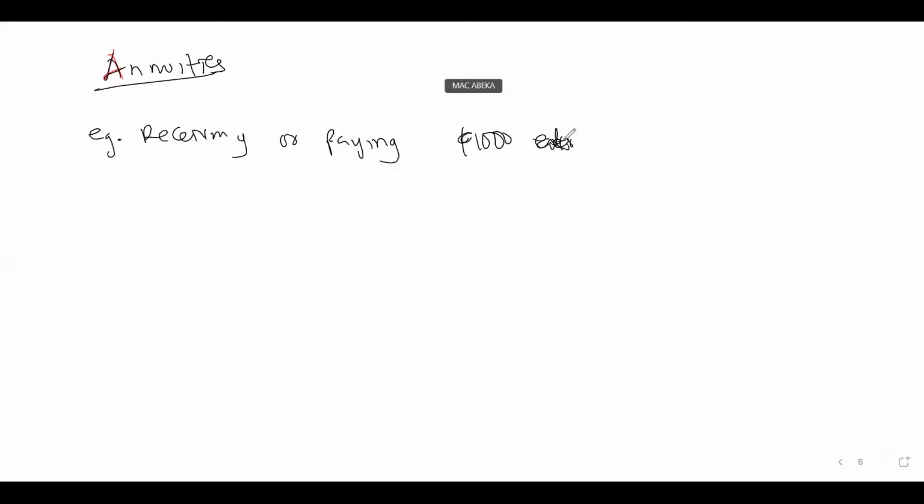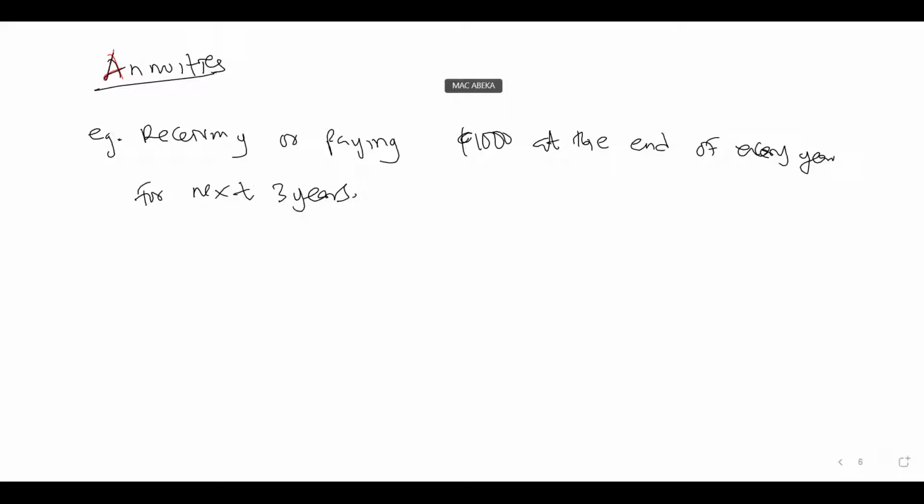So let's say at the end of every year, for the next 3 years. So that's annuity. So here it's not lump sum. Well, lump sum, there's one-time payment, like when you pay it, you allow the thing to roll over. But annuity, you keep paying or you keep receiving every year.